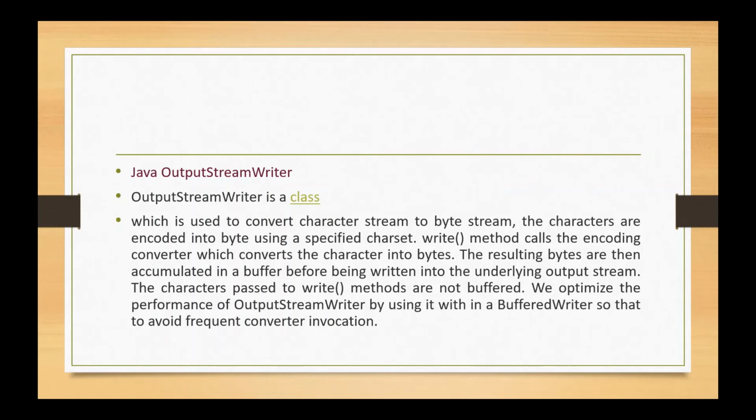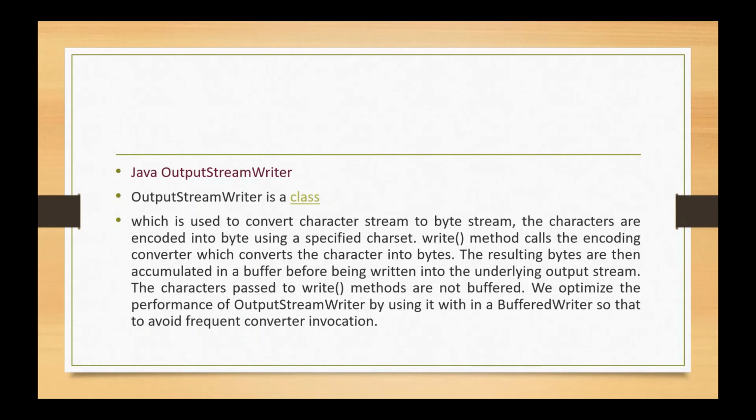Before going to this, let us understand one term: the input stream reader and output stream writer. These are the bridges from byte streams to character streams. It reads the byte data and decodes it into characters. First we look into the output stream writer.